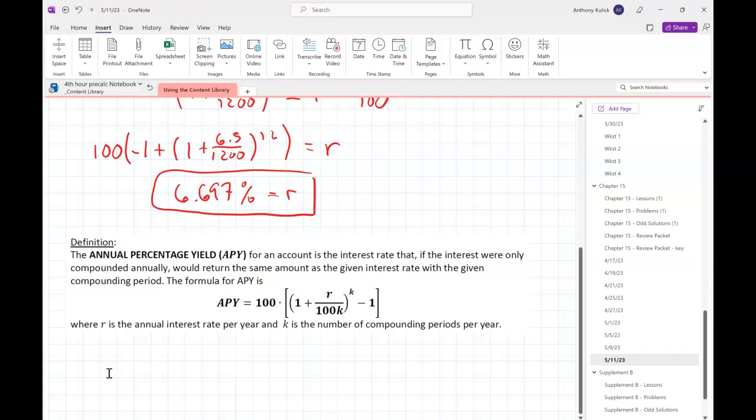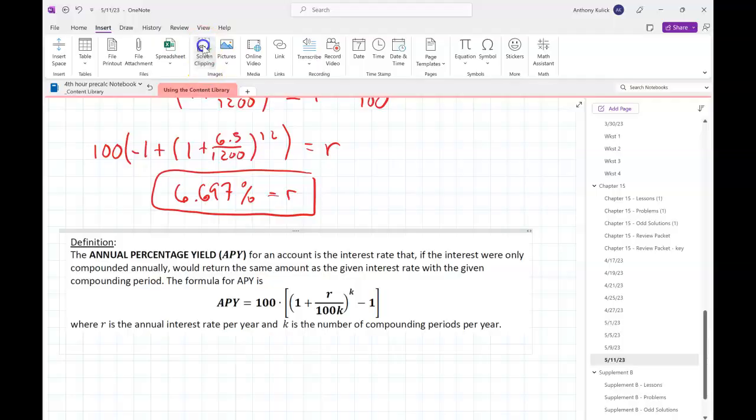So you might see that advertised on commercials for cars or whatever, people advertising the APR. Now, likely the loan is like a monthly compound, but when you compare loans, you compare APRs, right? You just translate everything to what the percentage it would be for a yearly compound. So it makes it easy to compare loans or investments or whatever.